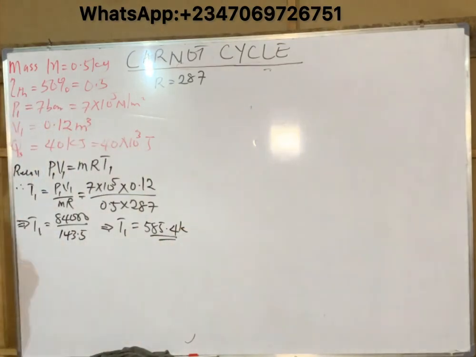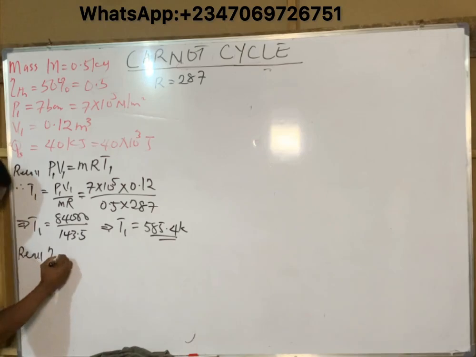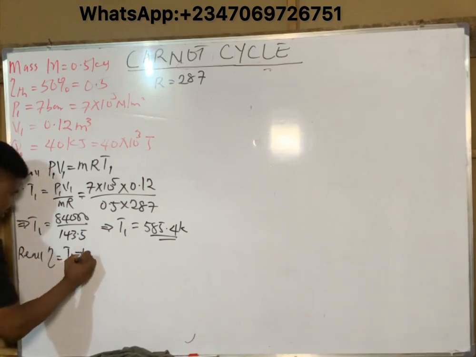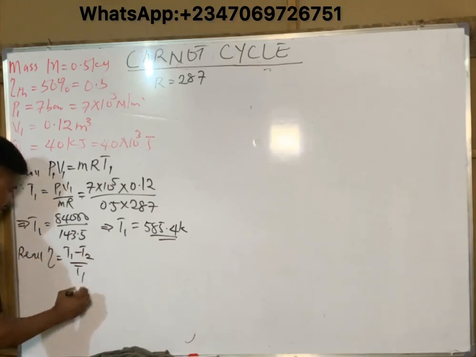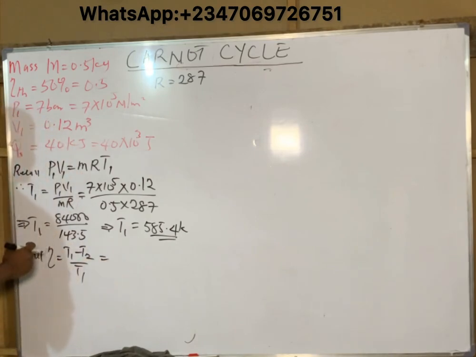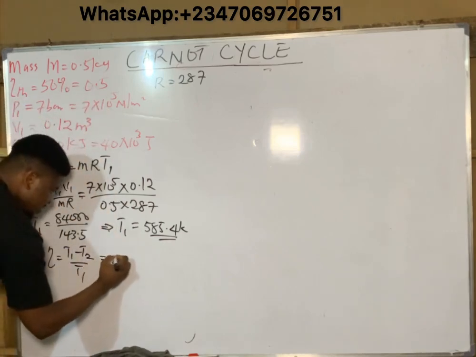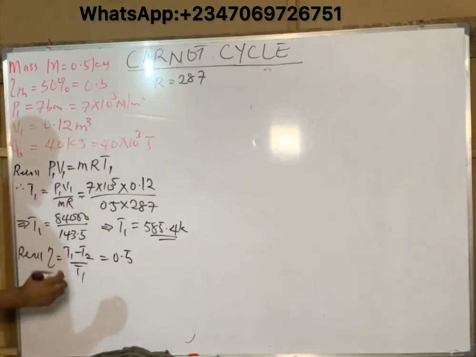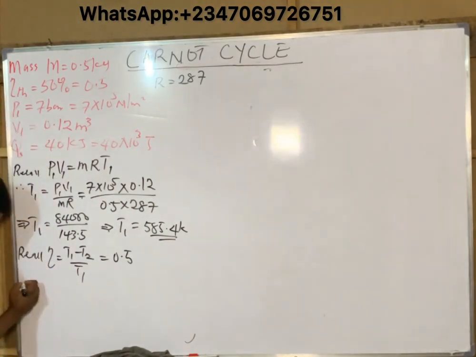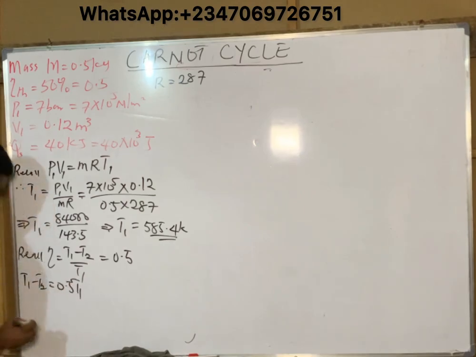Now to get the second temperature, you recall the definition of thermal efficiency to be equal to T1 minus T2 over T1. And this is equal to the efficiency given to us as 0.5, that's 50%. So if I cross multiply, I'm going to have T1 minus T2 equal to 0.5 T1.